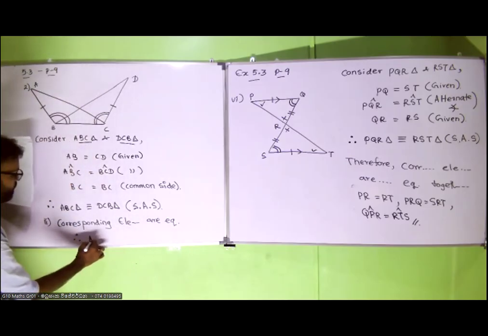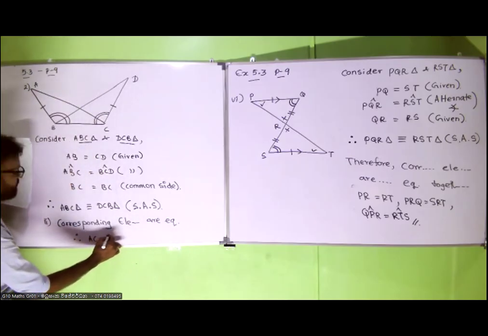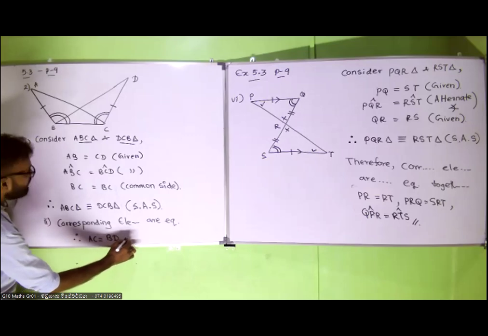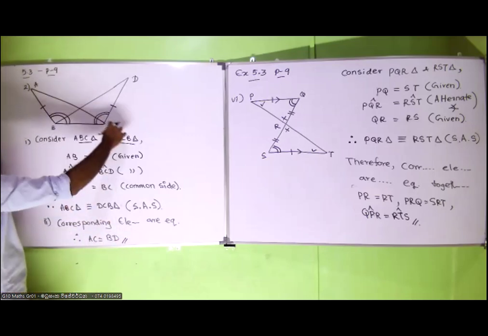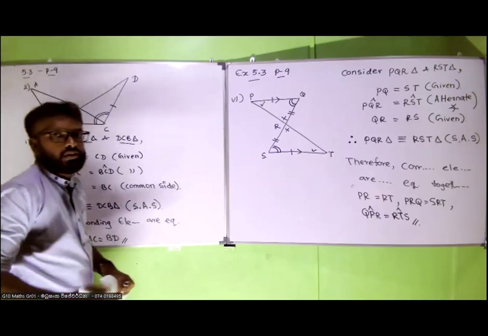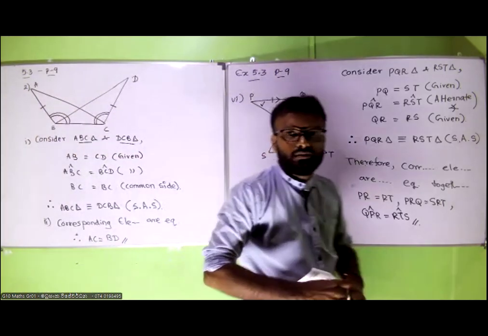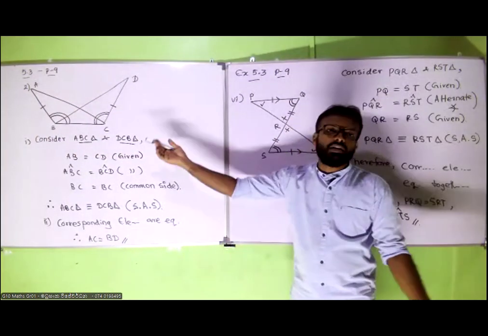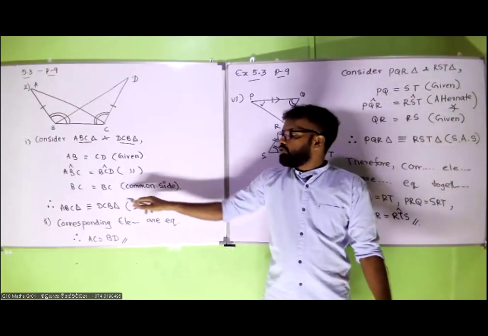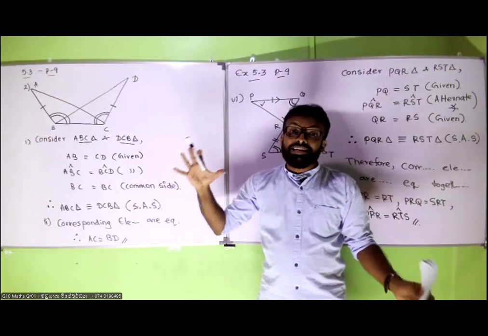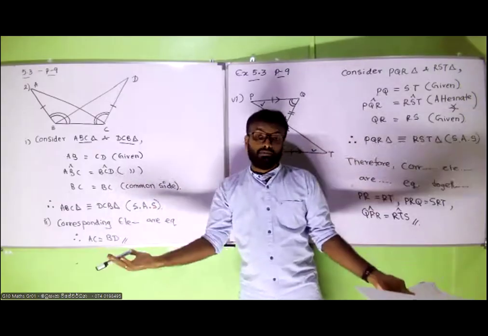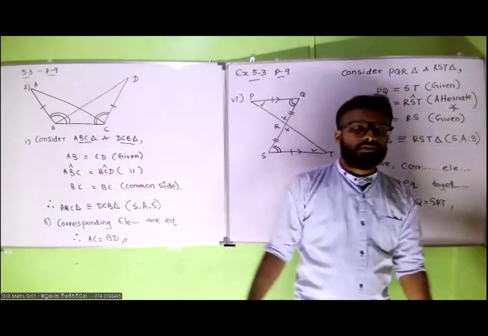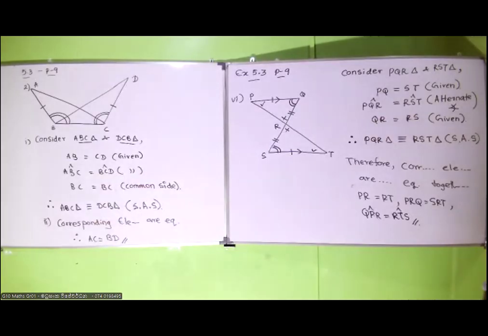Therefore AC side equals BD side, right? Corresponding elements of the triangles are equal because these two triangles coincide with each other, congruent, coinciding each other.